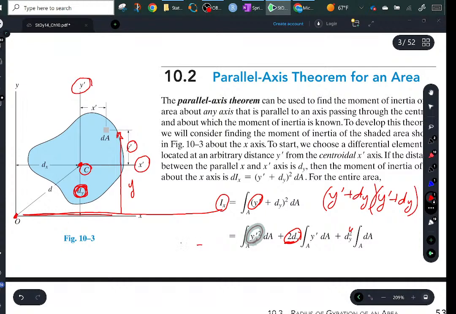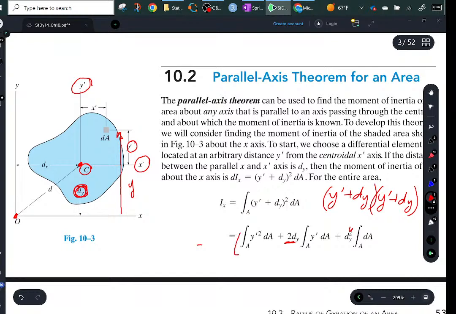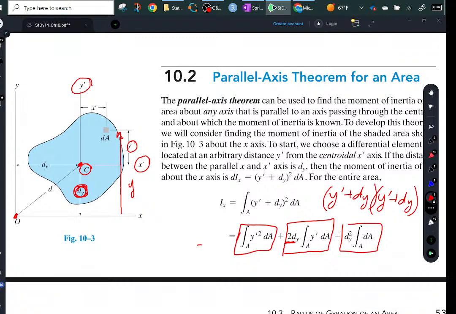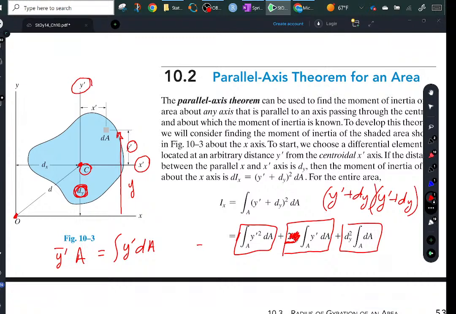And if you stare at this close enough, this term sits on its own, and this term sits on its own. Ignoring this term because it's just a constant, this term by itself is equal to y prime times area, because that's the definition of the centroid.